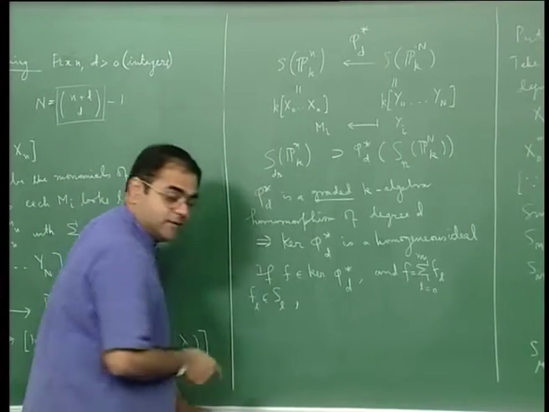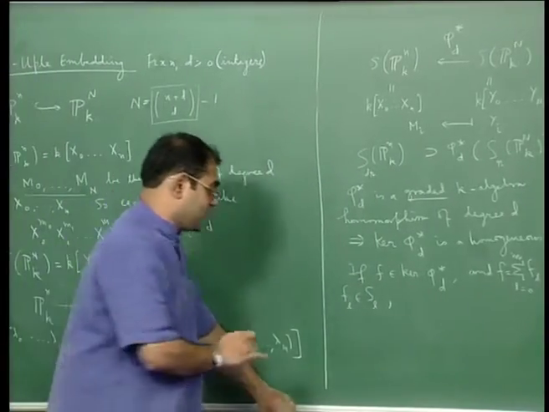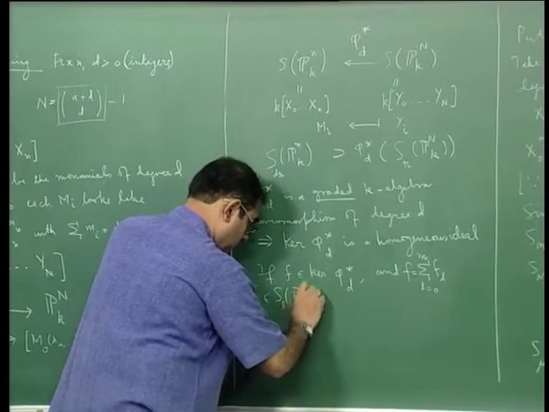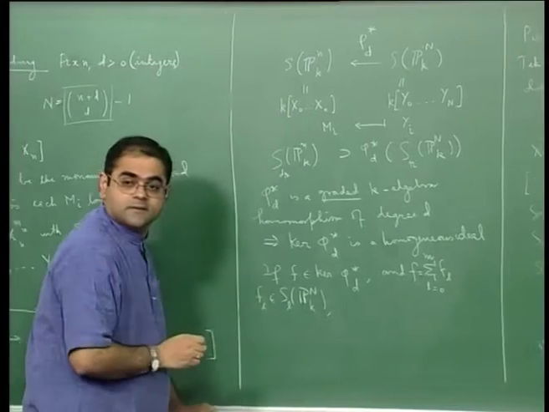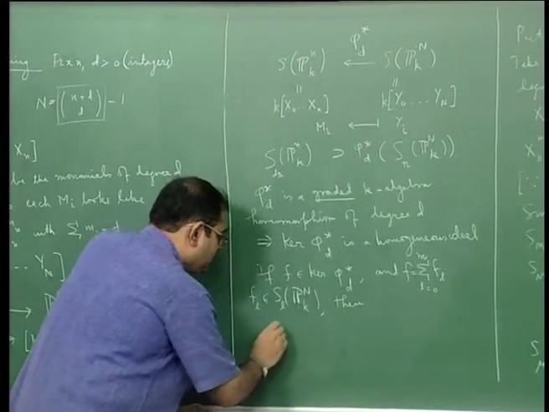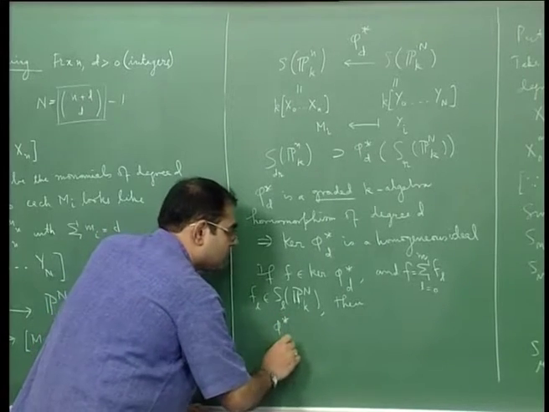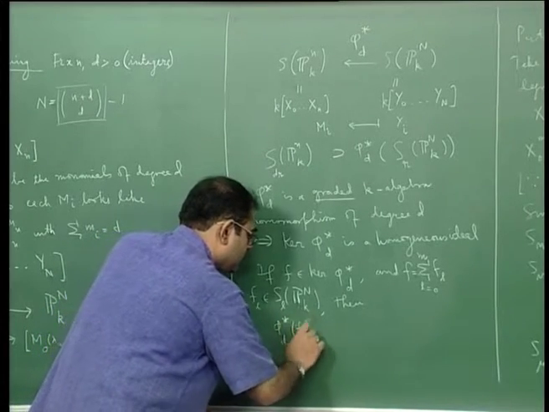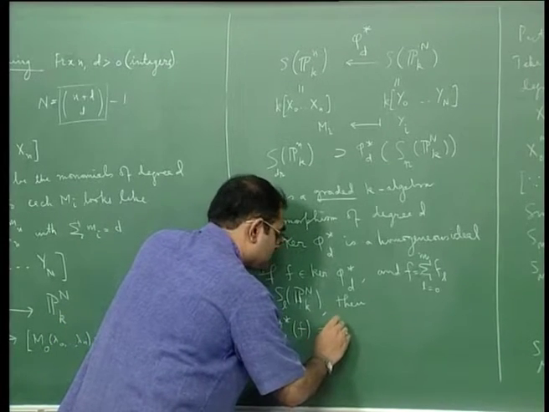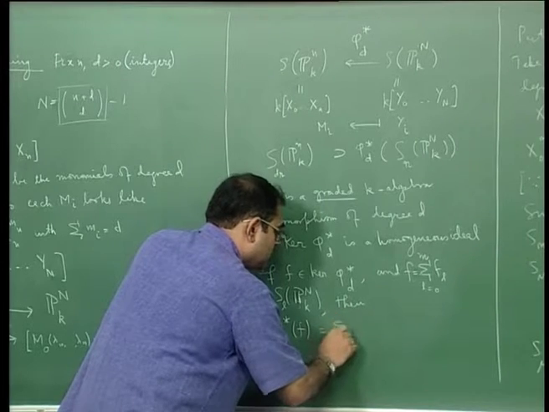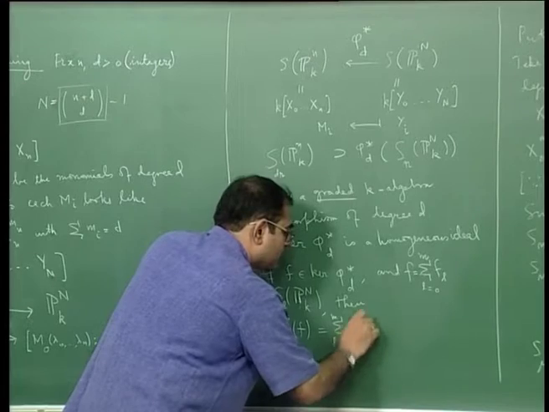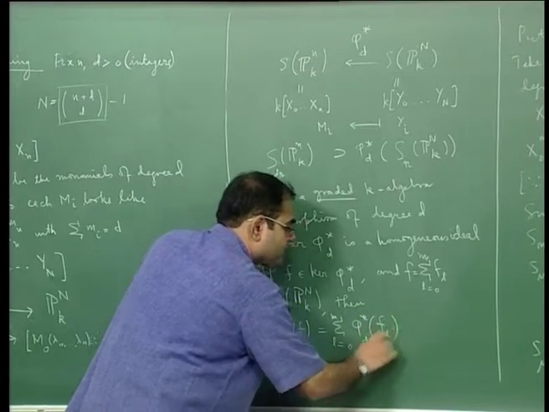S_L is the degree L homogeneous piece of this big P_n. Then φ_d^* of f, which is 0, will be equal to the sum over L equal to 0 to m of φ_d^* of f_L.